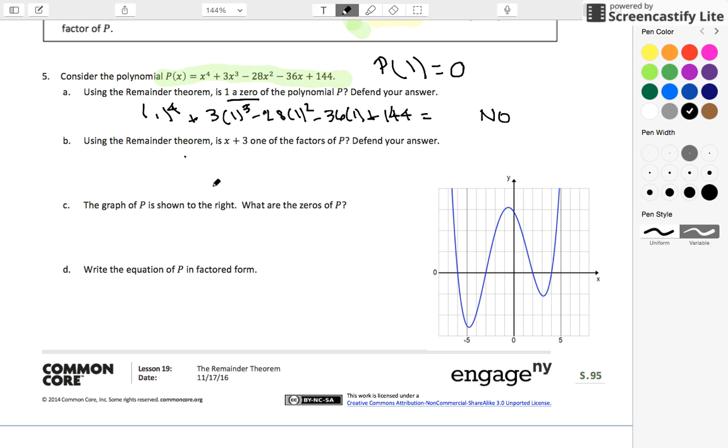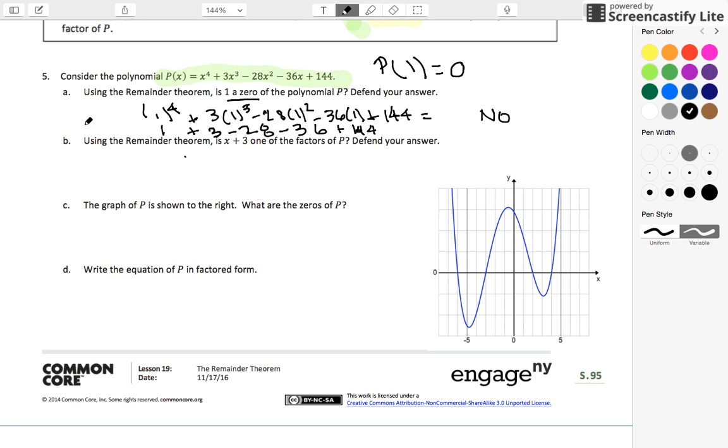If you want to see the work, this ends up being 1 plus 1 to the third is 1. 3 times 1 is 3. This becomes 1, so minus 28, and then minus 36, plus 144. Sorry, my pen is weird. So 1 plus 3 is 4. 4 minus 28 is negative 24.